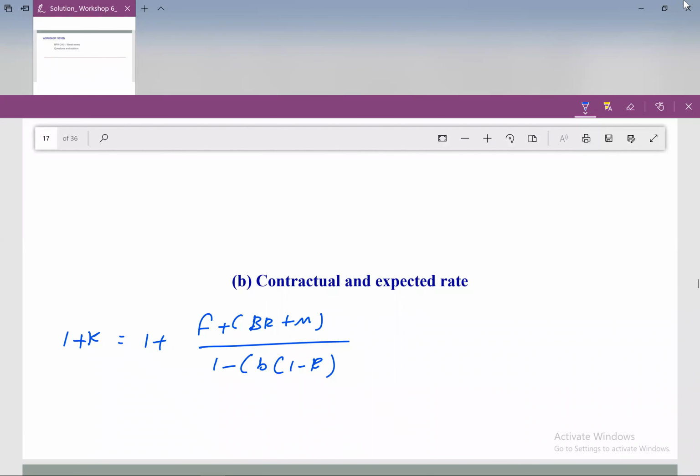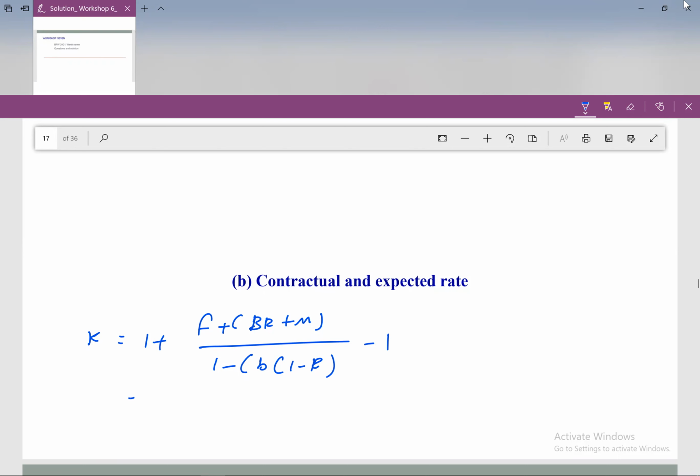Then, of course, the K will be this one minus 1. Just remember in the exam, you have to take the 1 out.